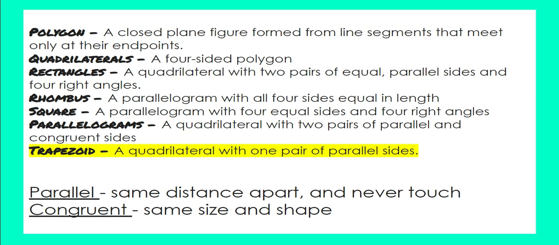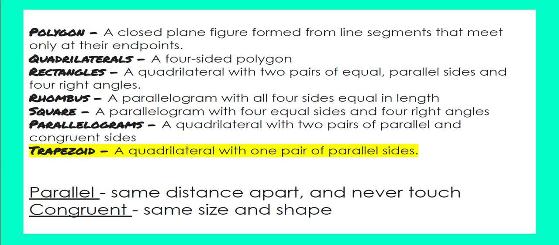In our last video, we discussed various vocabulary needed for this particular standard, with now an addition of one more, which you see highlighted in yellow. But just to review, we have a polygon, which is a closed plane figure formed from line segments that meet only at their endpoints. A quadrilateral, which is a 4-sided polygon.